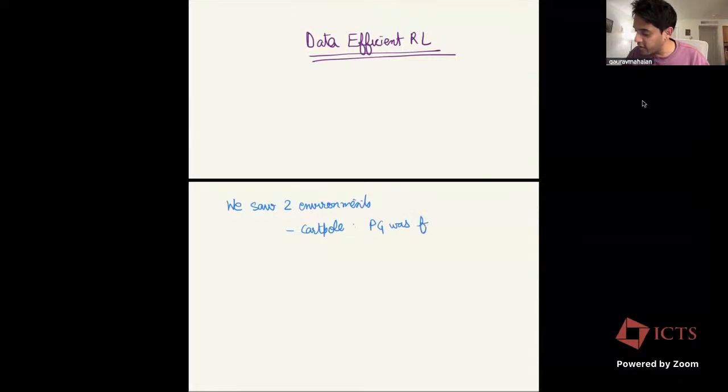So PG was pretty fast. And if you tried running the PG algorithm on the Pong environment, it takes days. With the kind of variance reduction that I was doing, where I was doing no variance reduction, PG is pretty slow.